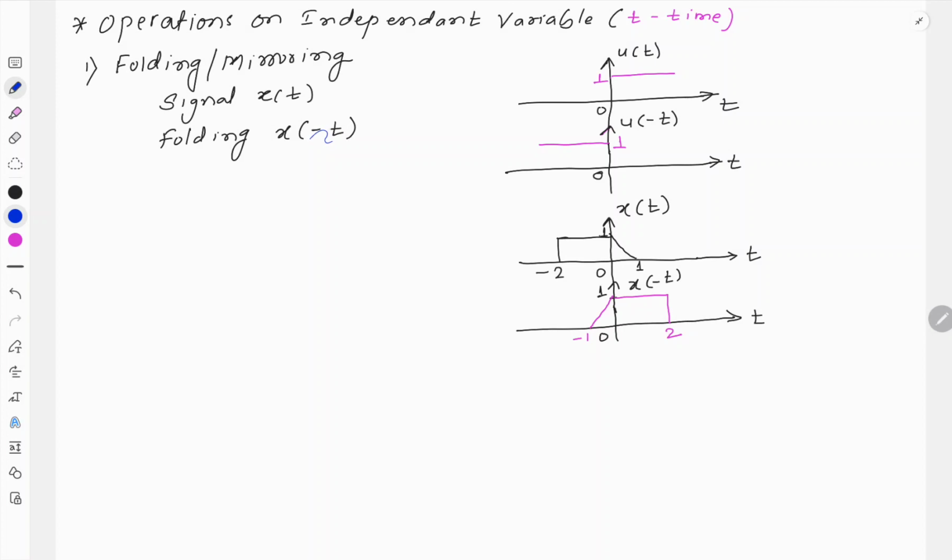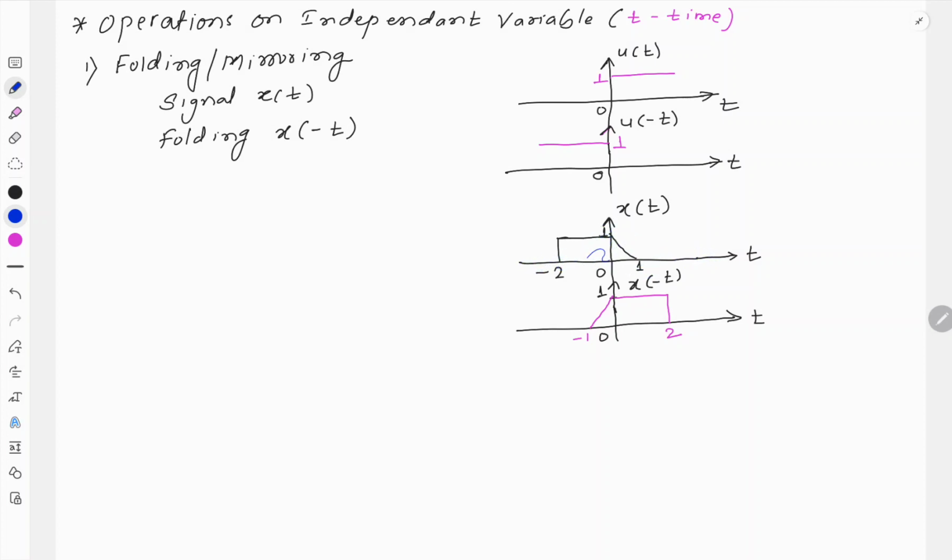So it is as good as whatever positive axis I have will be converted into negative axis, and whatever negative axis I have, I'll be multiplying it with a negative sign, so minus of minus becomes plus, so this axis becomes positive and the positive axis becomes negative. Therefore, whatever is on the positive axis, everything will be drawn on the negative axis.